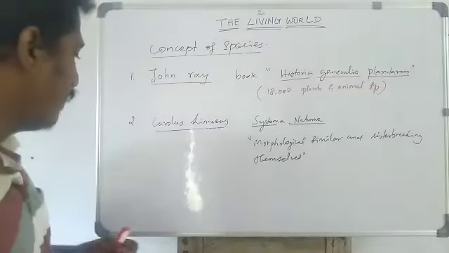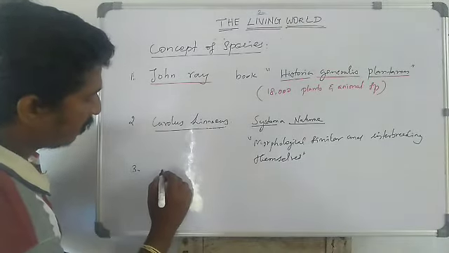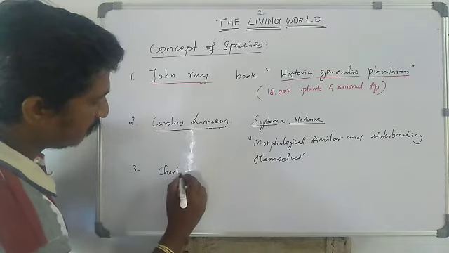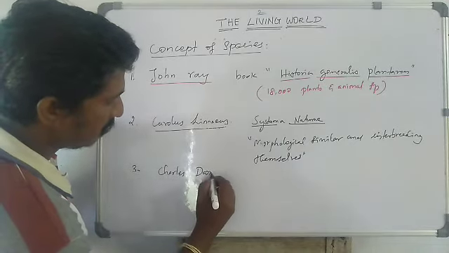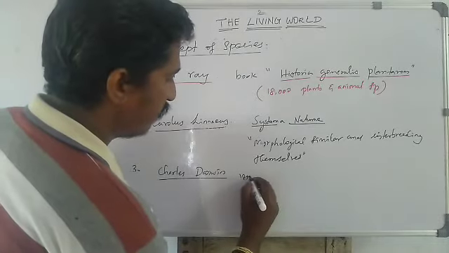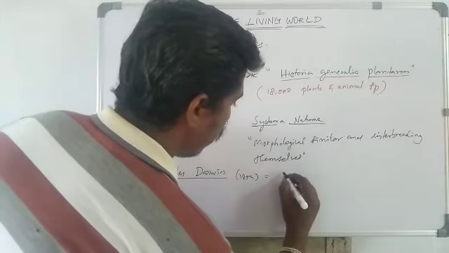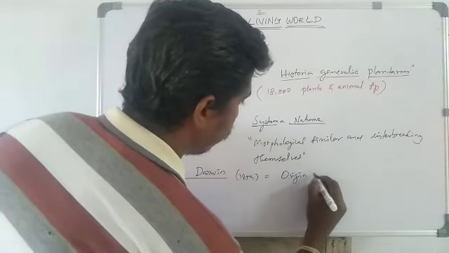Later, another person, Charles Darwin, in 1859 published a book, Origin of Species.